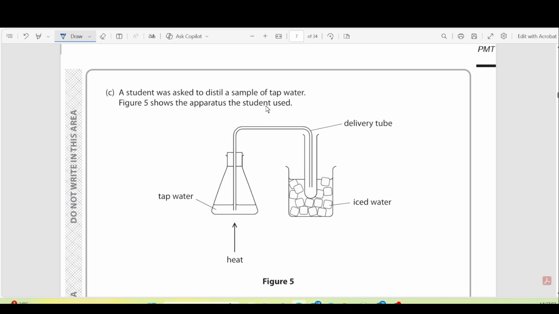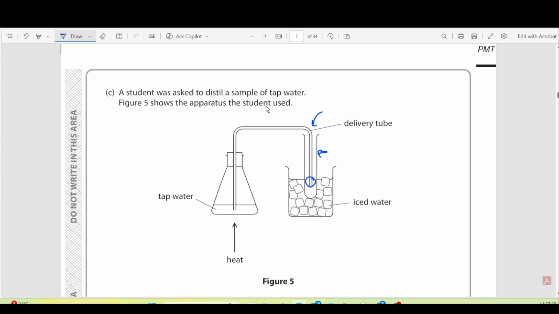Basically, the main error in the setup is the position of the delivery tube in the receiving test tube. The student needs to move the end of the delivery tube so that it is not submerged in the water being collected.